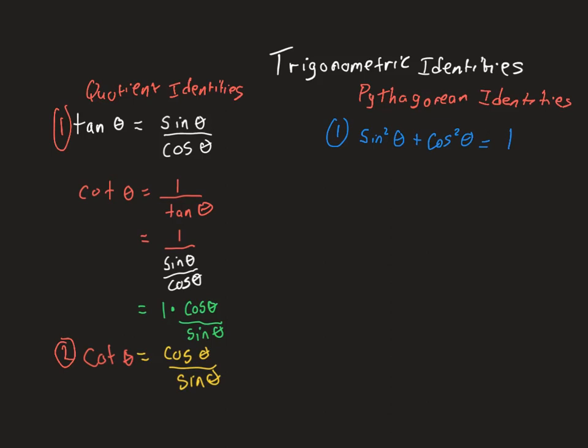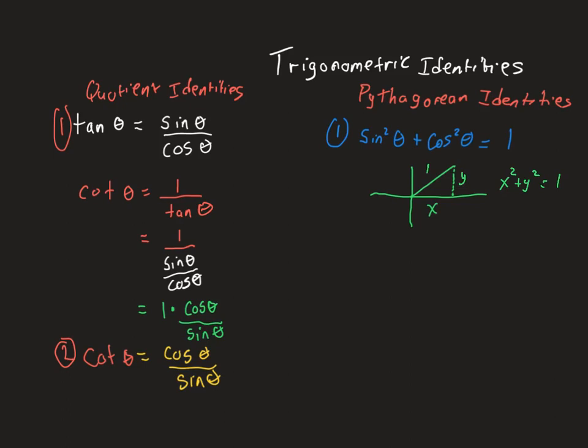Now, I'm not going to prove it for you, but we remember if we did our grid and we had a terminal arm here, this was big X, this was the big Y, and we know in a unit circle that this should have been 1. So if I use Pythagorean theorem, I would get x squared plus y squared is equal to 1.